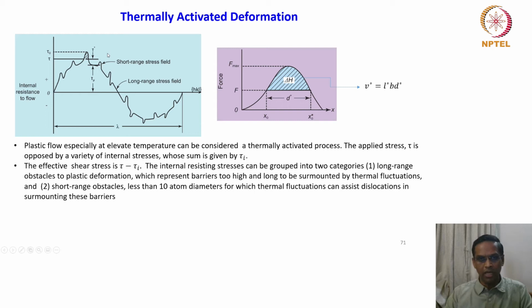You have to just bring back all the old concepts which we have already studied to connect this. What you are seeing on the right hand side is a force versus distance diagram.